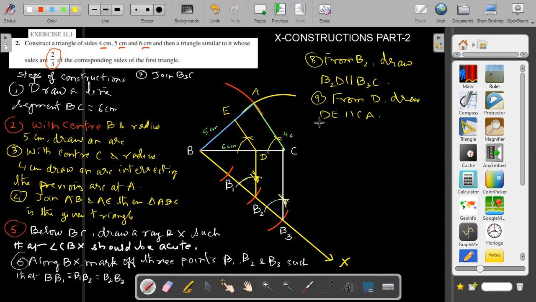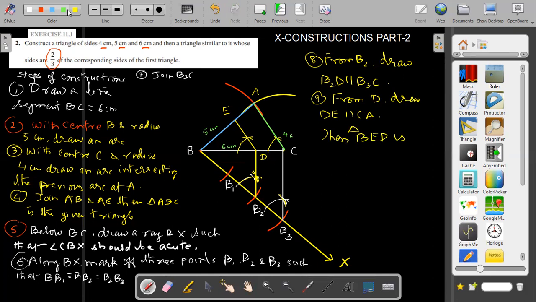Okay, then BED is the required triangle. If you are taking ABC, so it will be EBD.